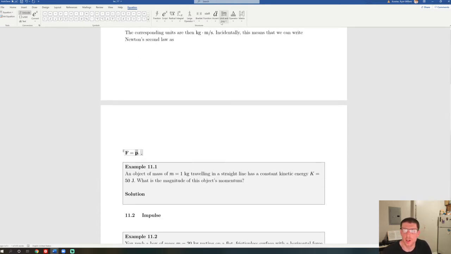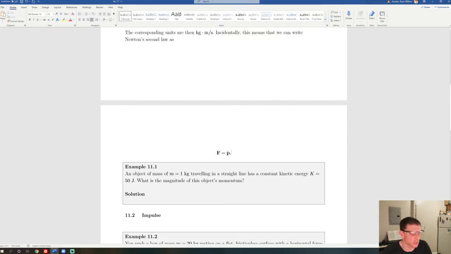Remember the dot notation, I'm going to stick a dot over this thing. And I believe that this is actually how Newton first expressed his second law himself, so I don't know. That's kind of cool, I guess.